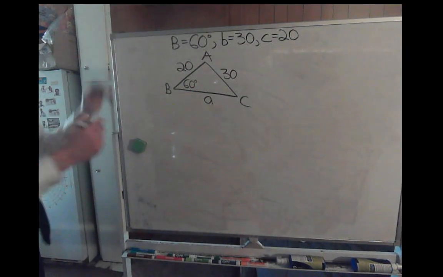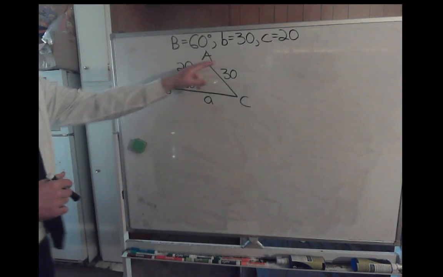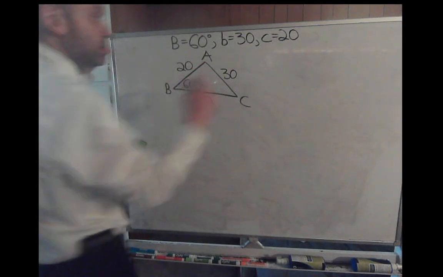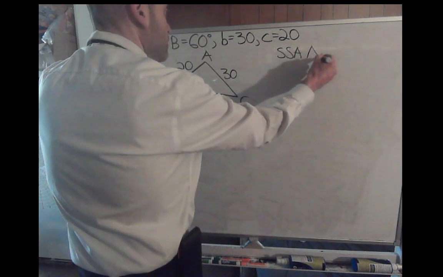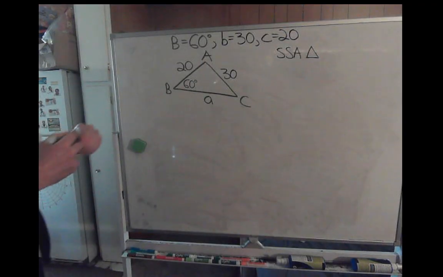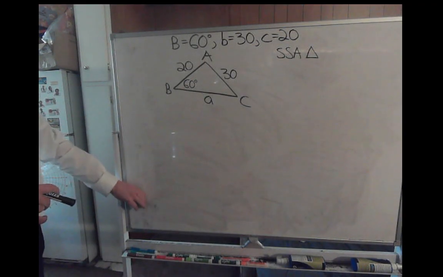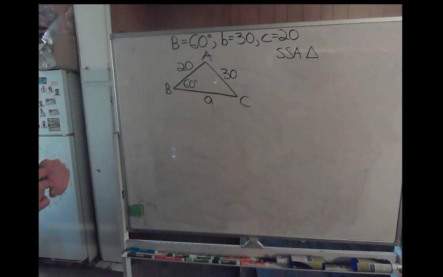So what do we have here? We have two sides and a non-included angle. So in other words, this is a side-side-angle triangle. This is the ambiguous case. We could have no triangle, one triangle, or two triangles. So let's set up our law of sines to figure out an angle.